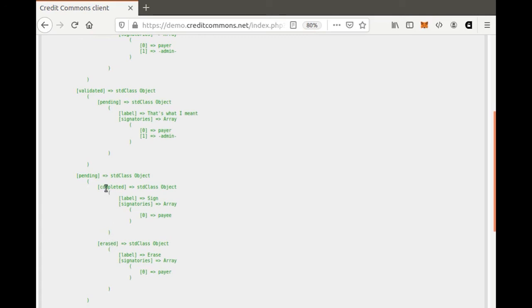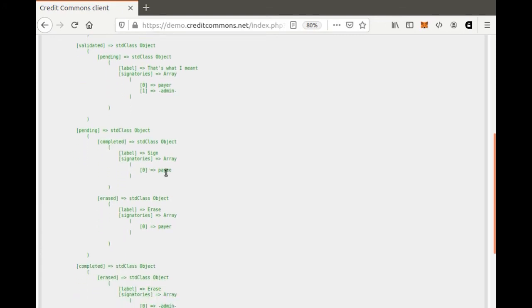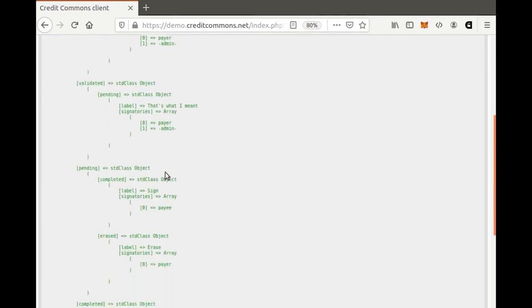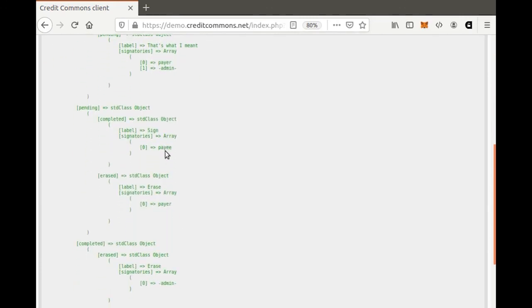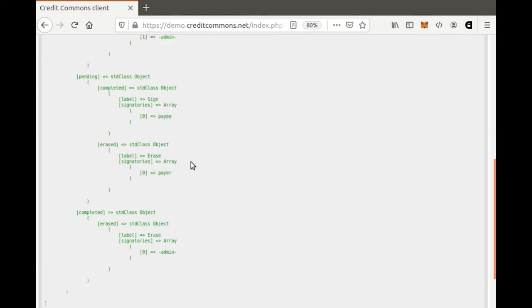And then it says which of the relatives of the current transaction can actually do that. So for the credit workflow, only the payee can move the transaction from pending to completed.